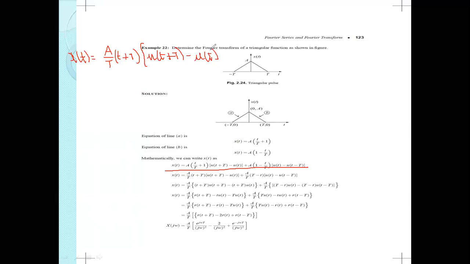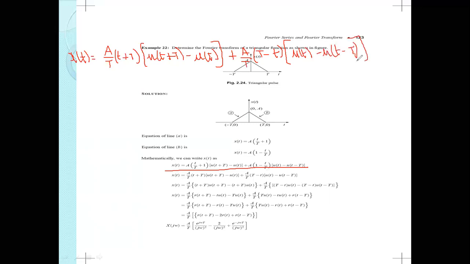Okay, my dear students, listen carefully. It is very important from the examination point of view also. Plus the second function, you can see here, A by capital T, T minus small t, and this whole is multiplied with u(t) minus u(t minus T).